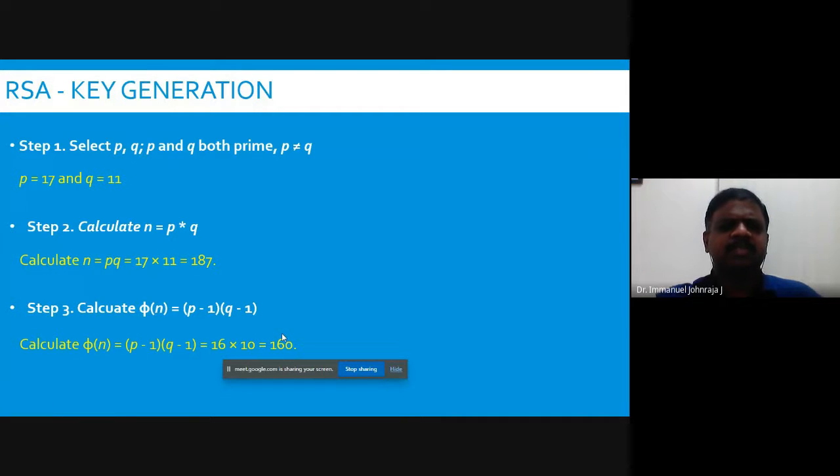Simple calculations, right? So far you have chosen two numbers, P and Q, both prime and not equal. Calculate n by multiplying these two numbers, then calculate phi of n by P minus 1 multiplied by Q minus 1. Moving on.